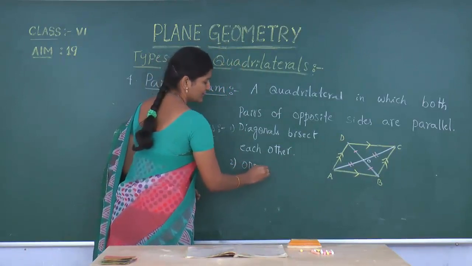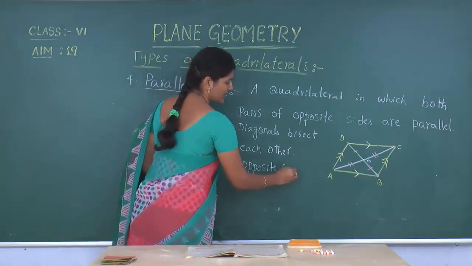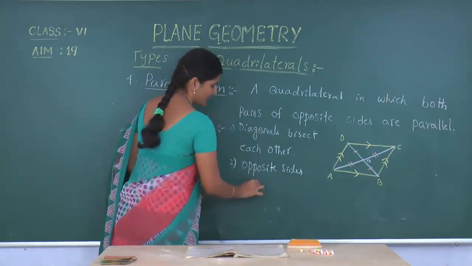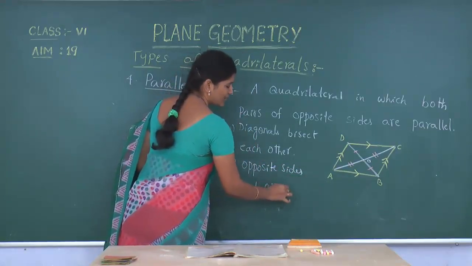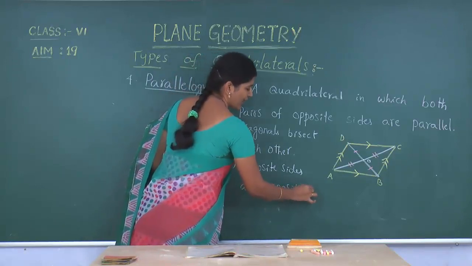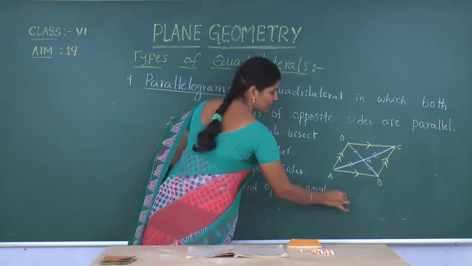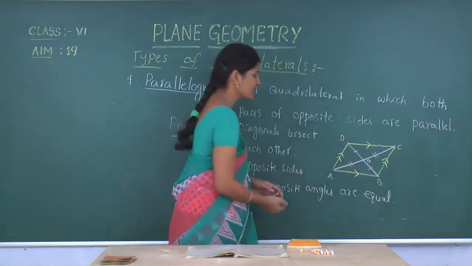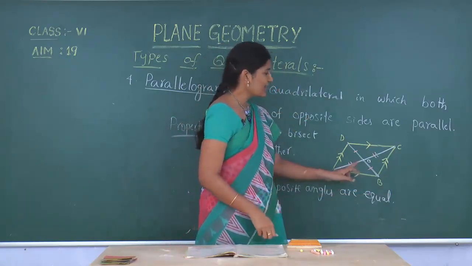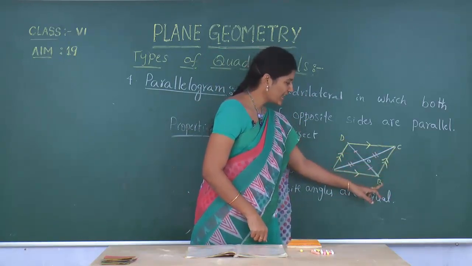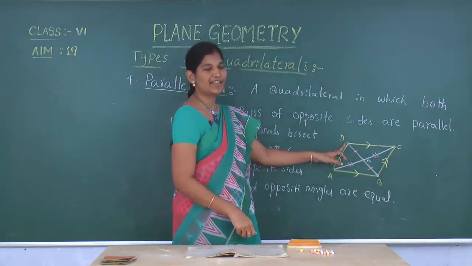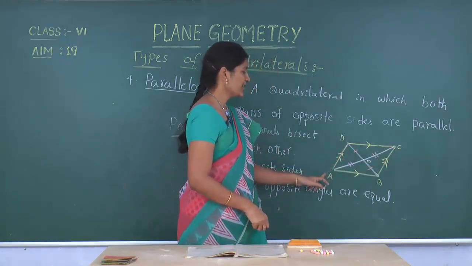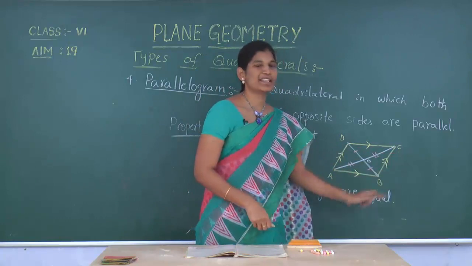Opposite sides and opposite angles are equal, which means angle A equals angle C, angle B equals angle D. Similarly, AB is equal to CD, AD is equal to BC.